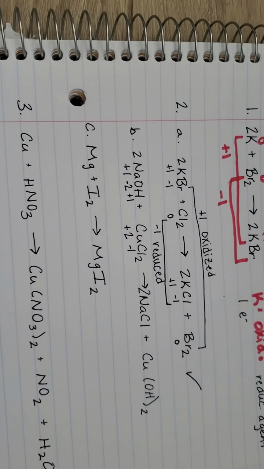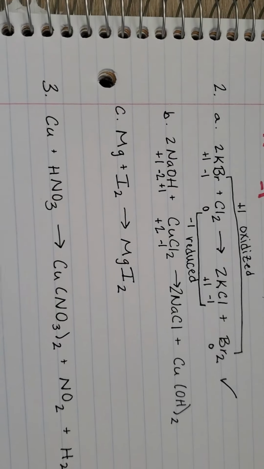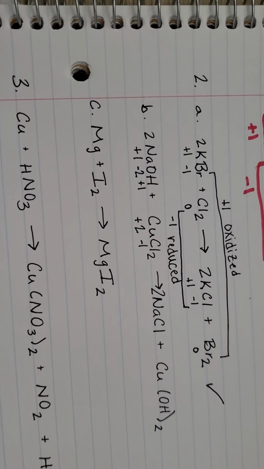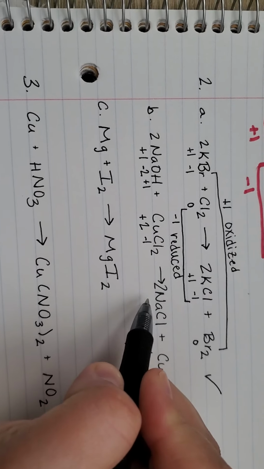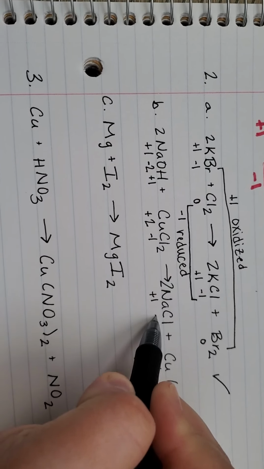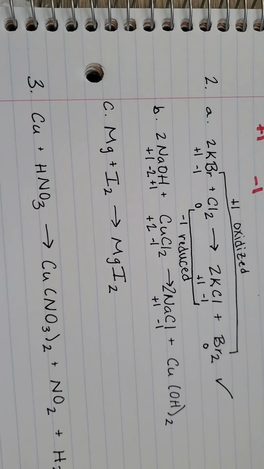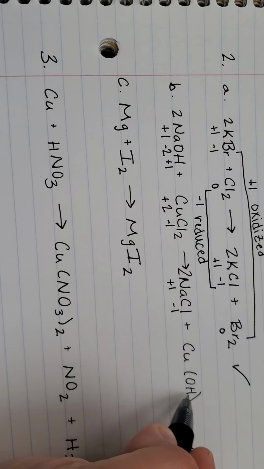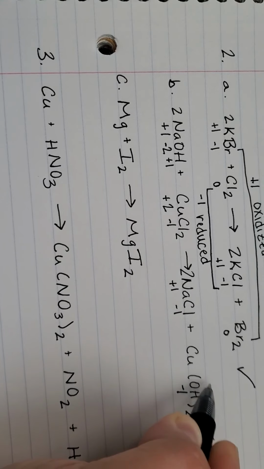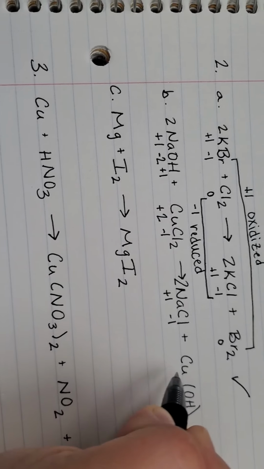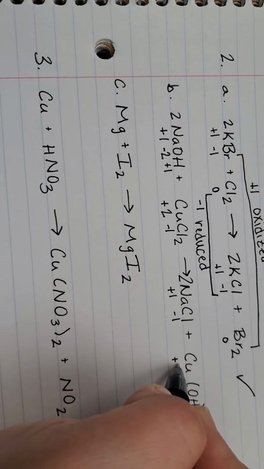All right, we figure that out based on deduction. And then for the next one, sodium is +1 again, -1. And then for this one, we know OH has an overall -1. We have 2 of them, so this whole thing carries the weight of -2. So this copper is +2.